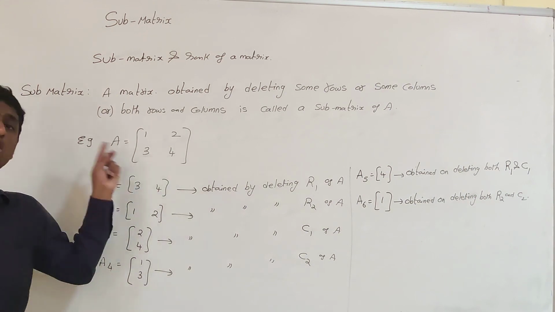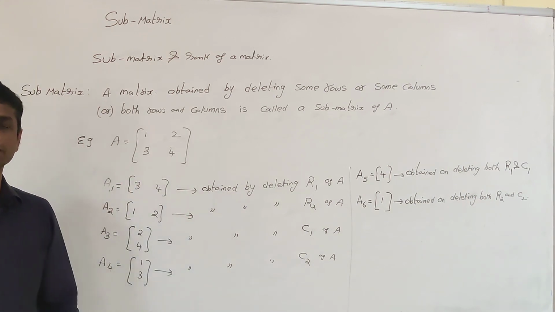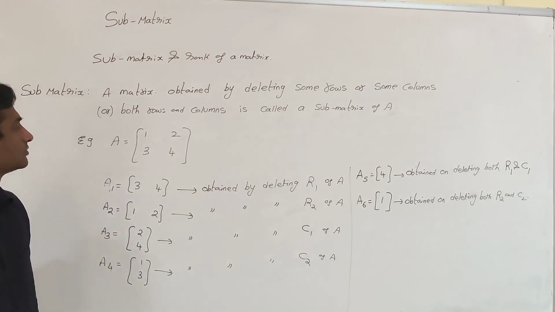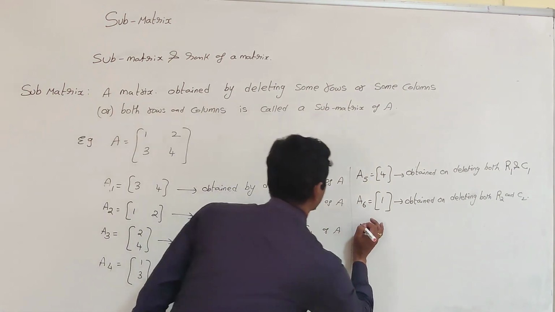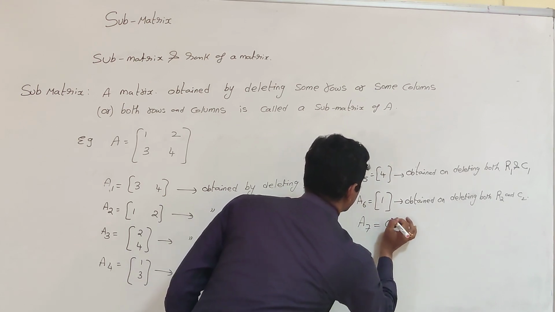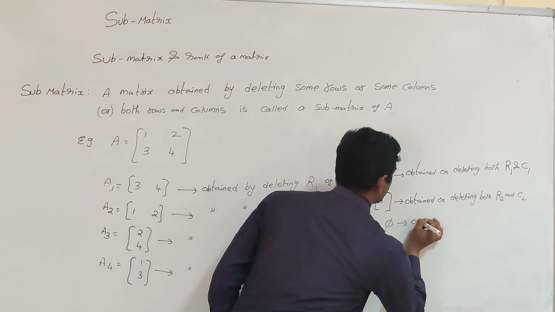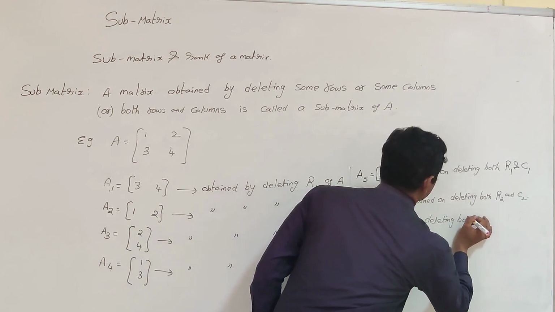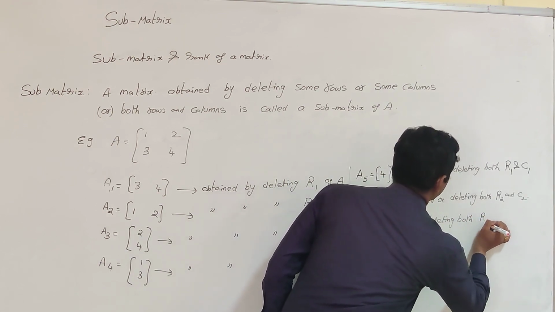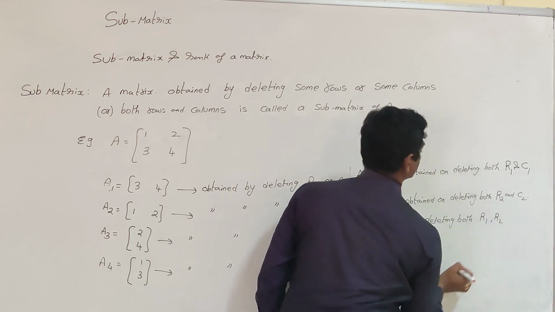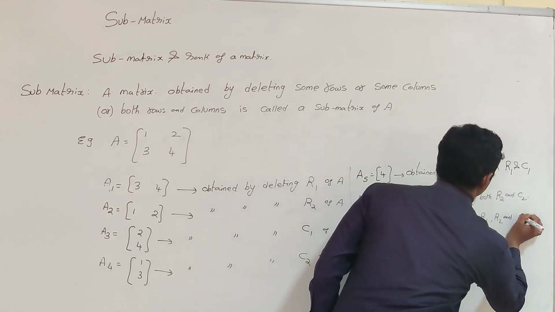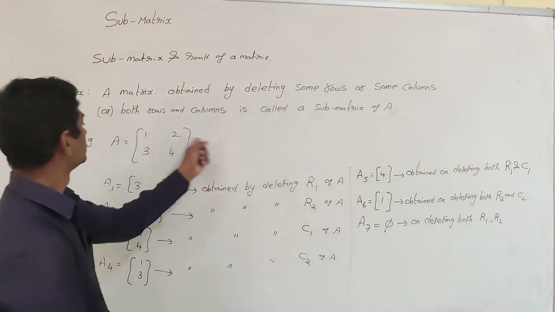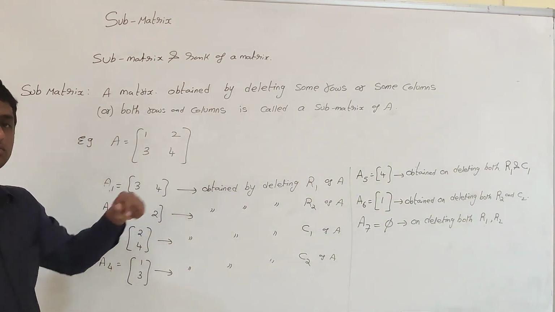If I delete all the rows and columns at a time, then you will get an empty matrix. That is on deleting both R1, R2 and C1, C2, you will get empty.